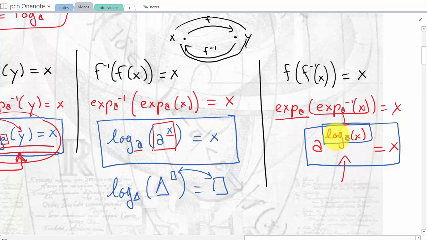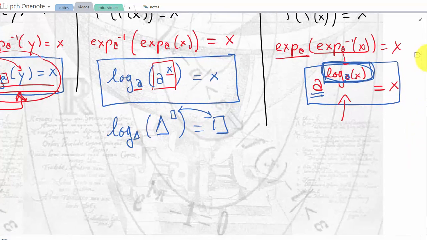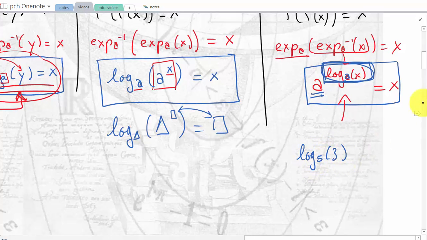Log base a of x, look at it. It's an exponent to which a must be raised in order to find x. Log base a of x is the exponent to which a must be raised in order to find x. Let me show you what I mean concretely right here. What is log base 5 of 3, for example?